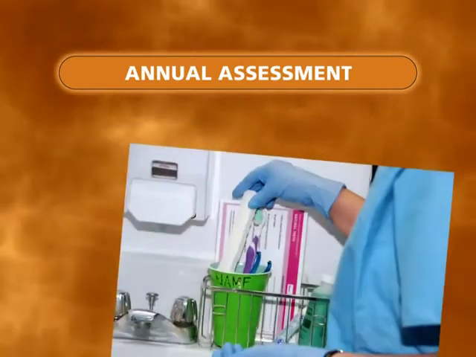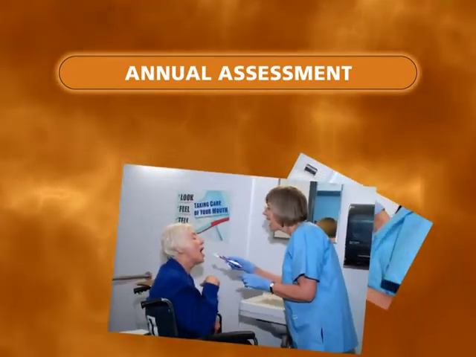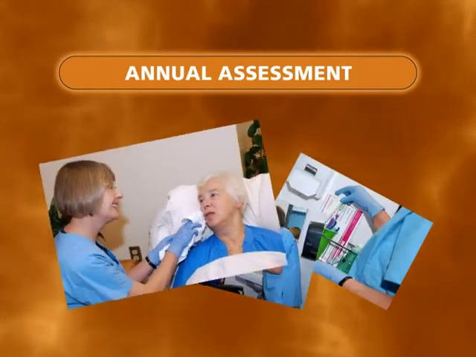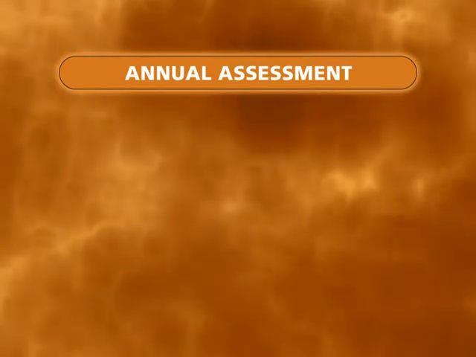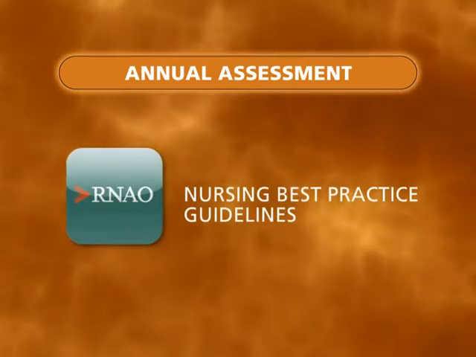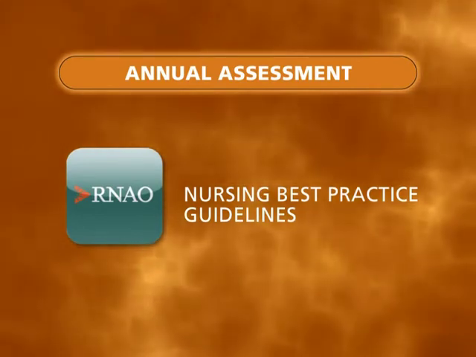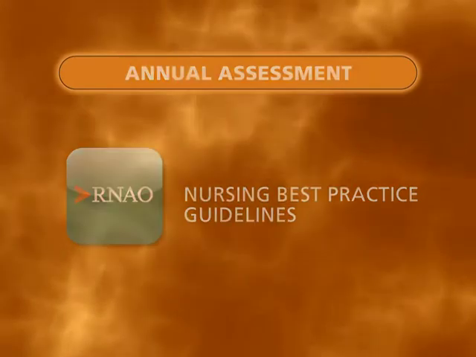In this video, we will review a comprehensive approach for oral health assessment and care planning. There are a number of credible resources developed for assessment and care planning, but we will focus on two tools that are highlighted in the Registered Nurses' Association of Ontario Best Practice Guidelines.